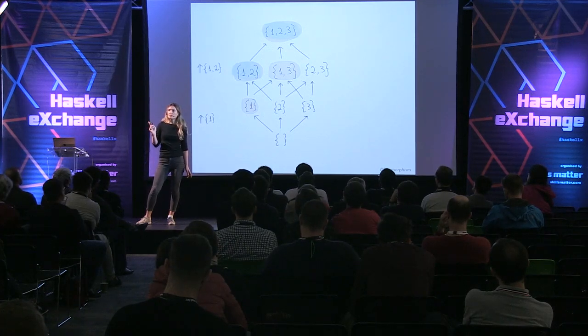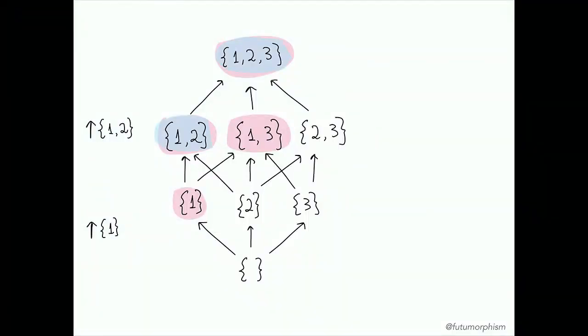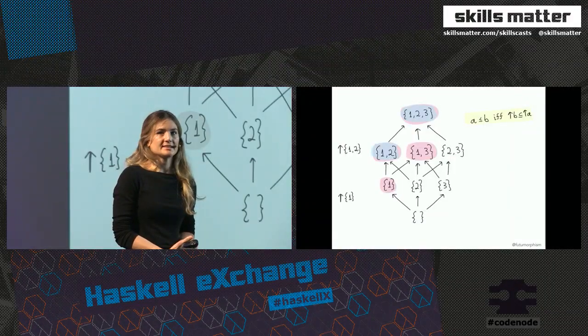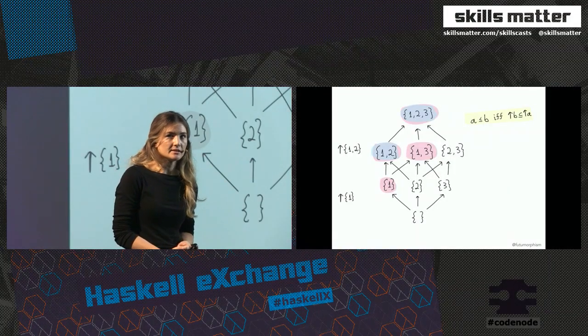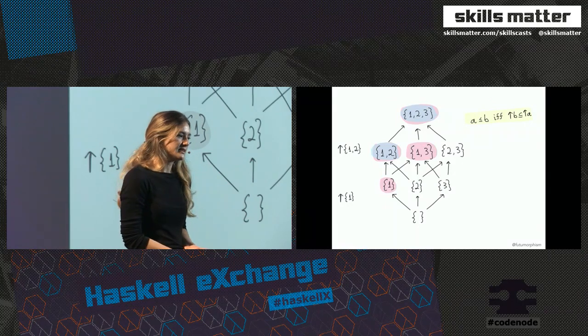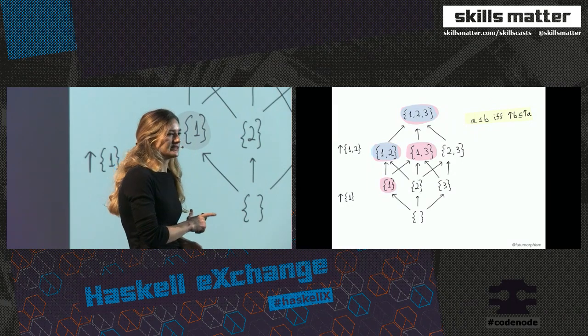The upper set of the set {1, 2} is the blue elements: {1, 2} and anything bigger than it. And we can see that {1} is a subset of {1, 2}, and also that the upper set of {1, 2} is a subset of the upper set of {1}. That's not very hard to prove. We're not going to prove it now.